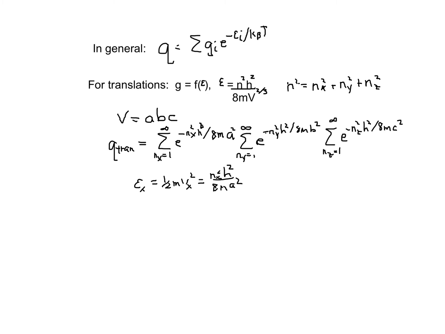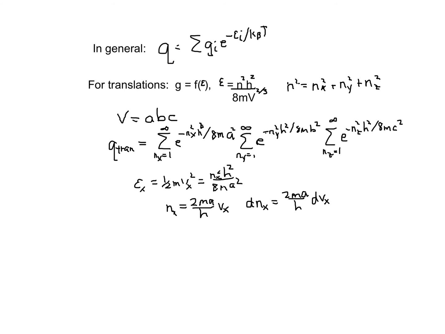Solving this expression for nx, we can see that nx is equal to 2ma over h times vx, or the velocity in the x direction. Therefore, dnx is equal to 2ma over h dvx.